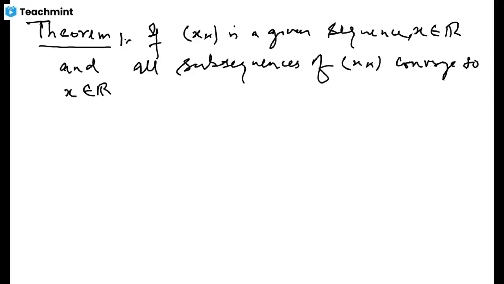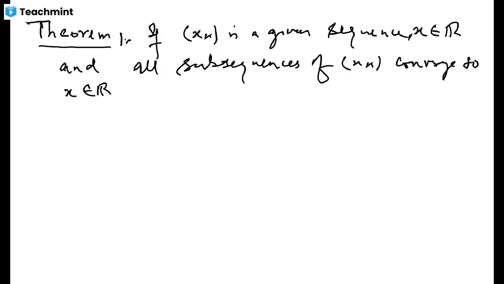Note the difference. The difference is that here I'm taking all subsequences must be convergent, and they all must converge to the same value. None of these subsequences has a different limit. All subsequences must be convergent, first thing, and the other that they all must converge to the same value.